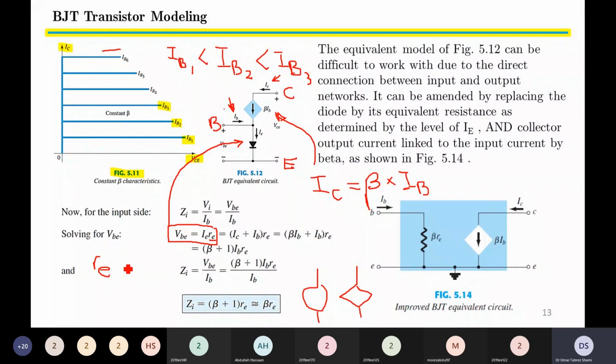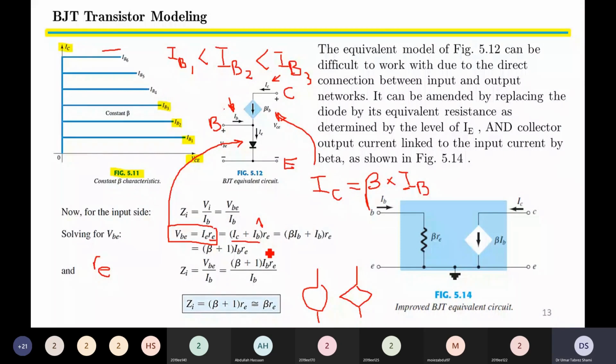The total current flowing through the diode is equal to the sum of collector current and the base current. Therefore, VBE is equal to IE RE, and we can replace IE by IC plus IB, because emitter current is the sum of collector current and the base current, again being multiplied by Re.